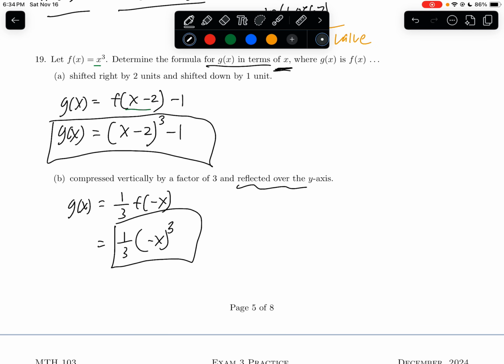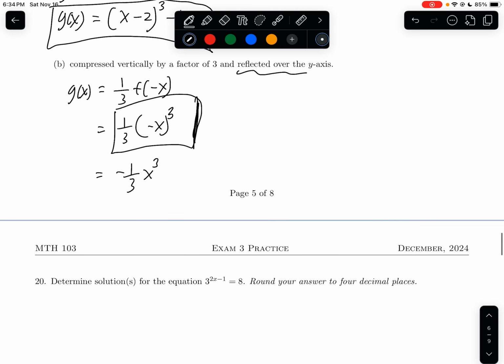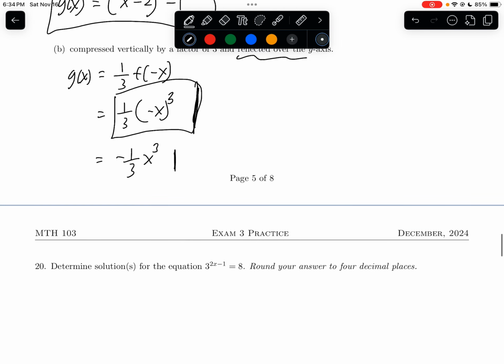If you want to simplify it a little bit more, you could take out the negative, because cubing a negative number is just negative, and so this is negative 1/3 x cubed. That's not really required. You at least have to have this as your answer, but it can be simplified a little bit more to get this.